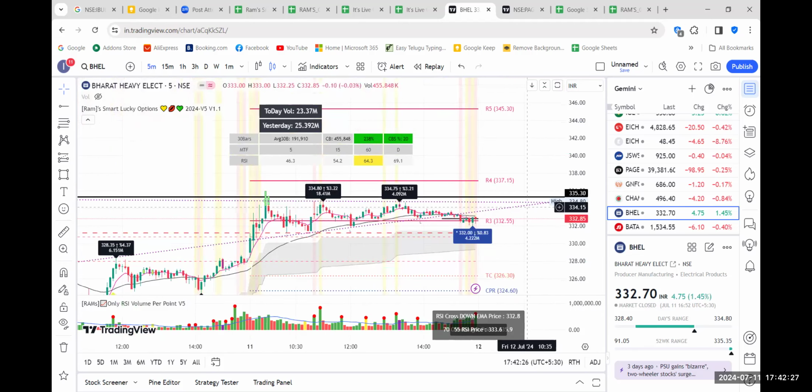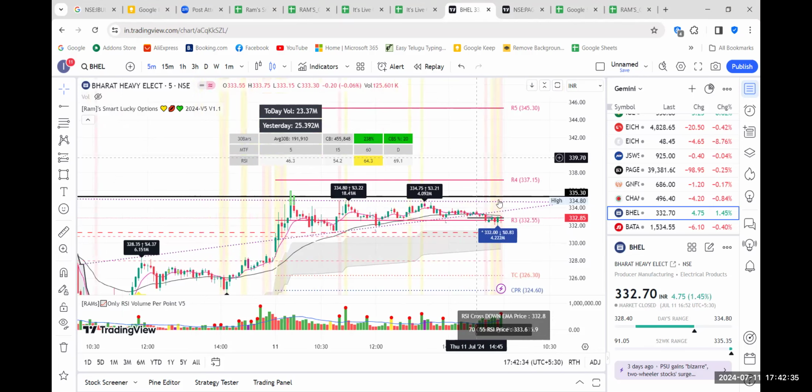Today's date is 11th July 2024. Here a lot of volume has been bought. So when this high pivot is taken out, we can take entry with a nominal stop loss of 331. 331 will be our stop loss.